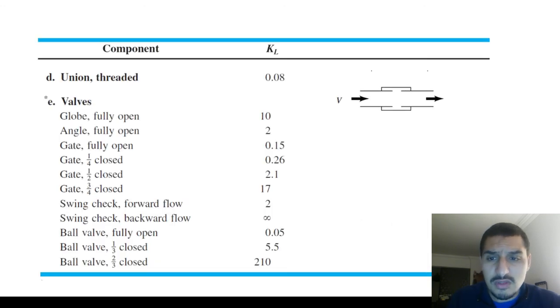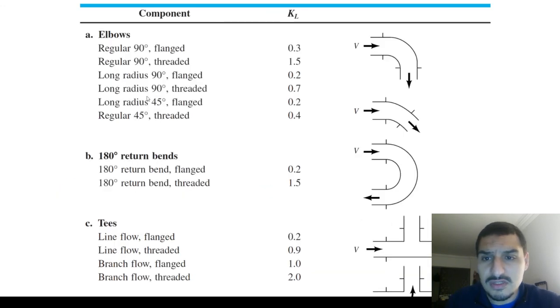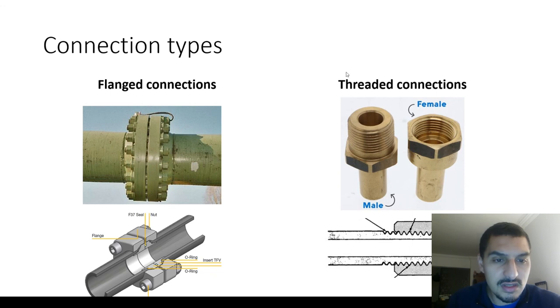So this is important because in here, for instance, you see that there are two values of K for the same connection, but one is for flanged and one for threaded. And of course the threaded will be higher, because in case of thread, we can just take another look. This part will have a change in the area.